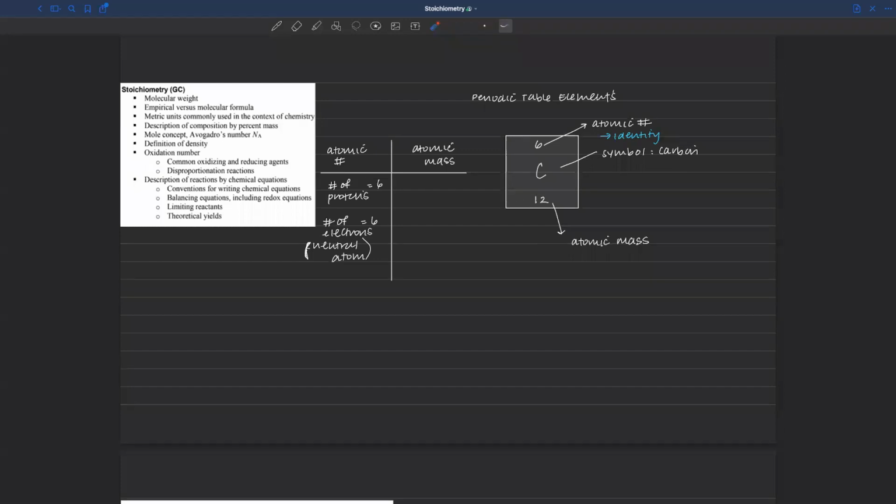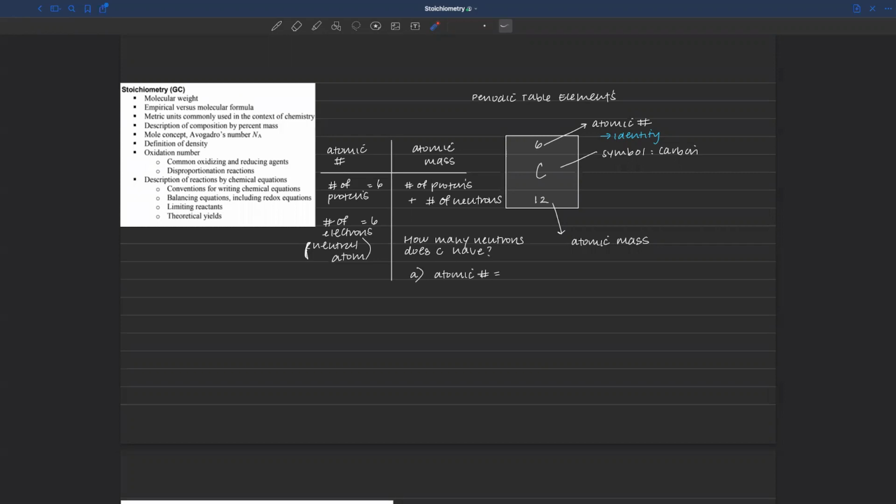Now, the atomic mass, which is that number at the bottom, tells you the number of protons plus the number of neutrons. And so in this situation, if you see the value of 12 down here, let's ask ourselves, how many neutrons does carbon have? If you wanted to answer that, you would just use the atomic number first and figure out the number of protons.